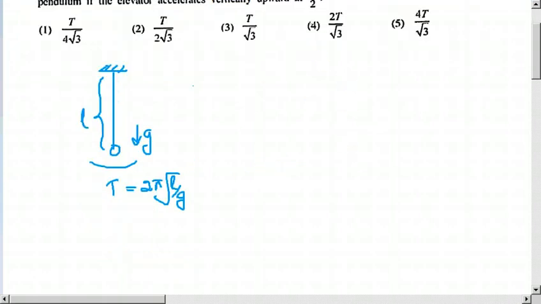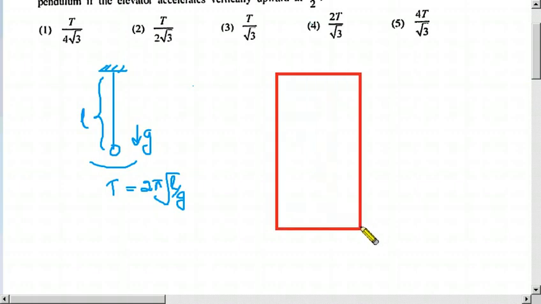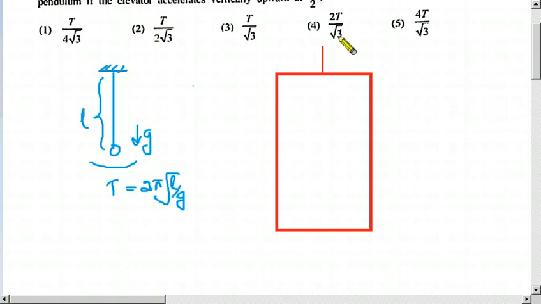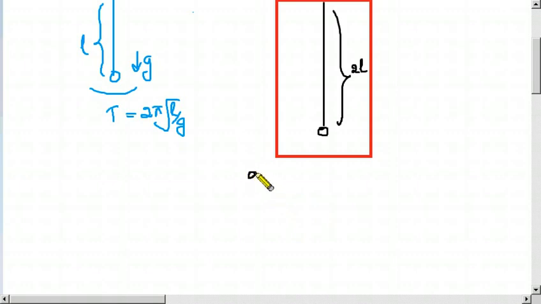So there is another pendulum which is hung in an elevator, whose length is 2 times L. The external acceleration g, the gravitational acceleration, is there inside the elevator as well.